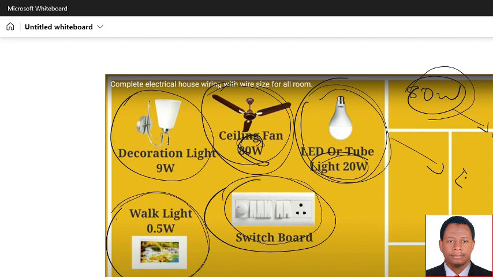Now I have 0.5 watt for our walk light, and the decoration light is 9 watt. If all of them are running at the same time, I can determine the energy that will be consumed.